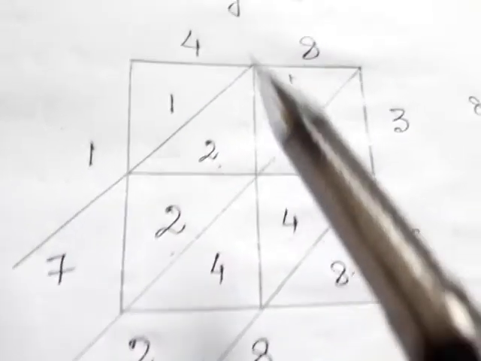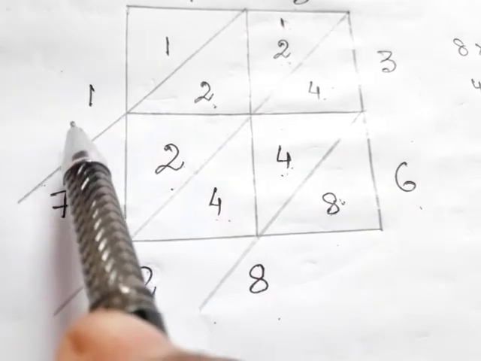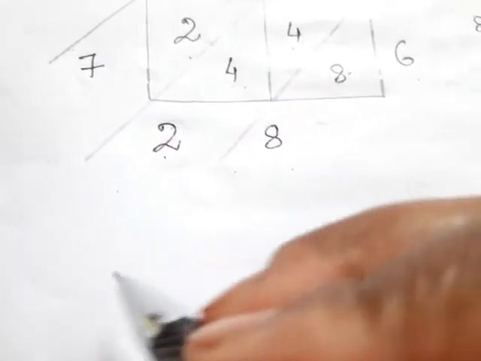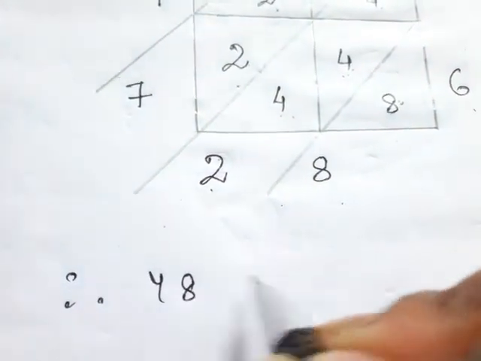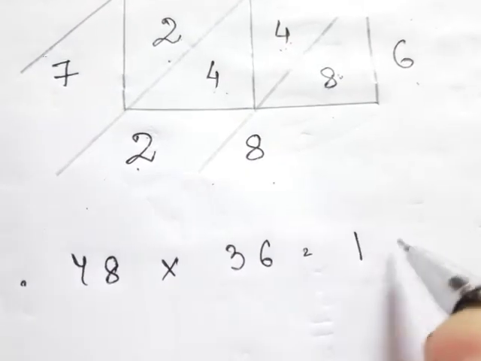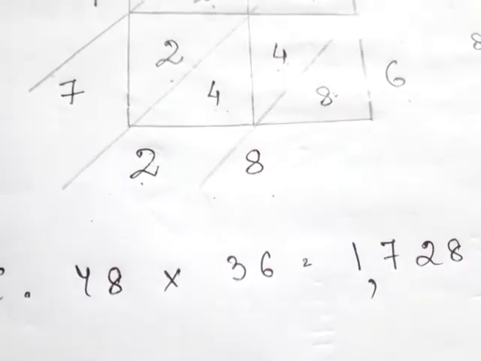That means 48 multiplied by 36 will give you a product of 1728. This is my answer.